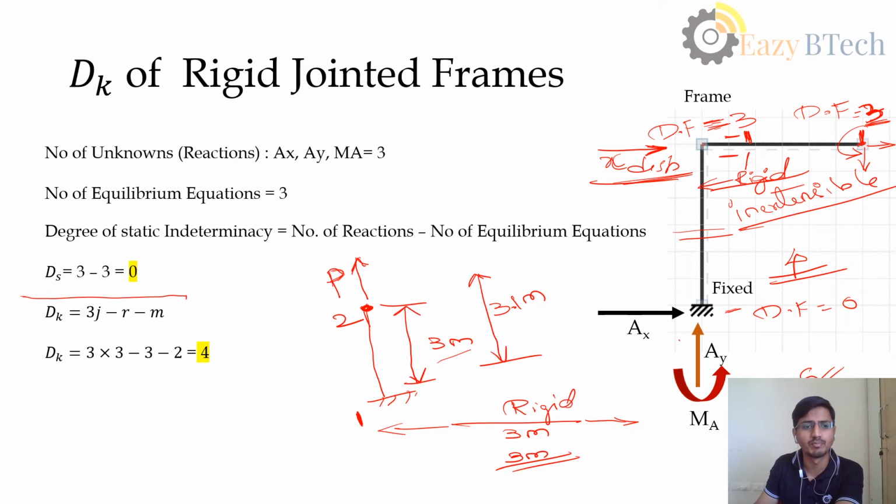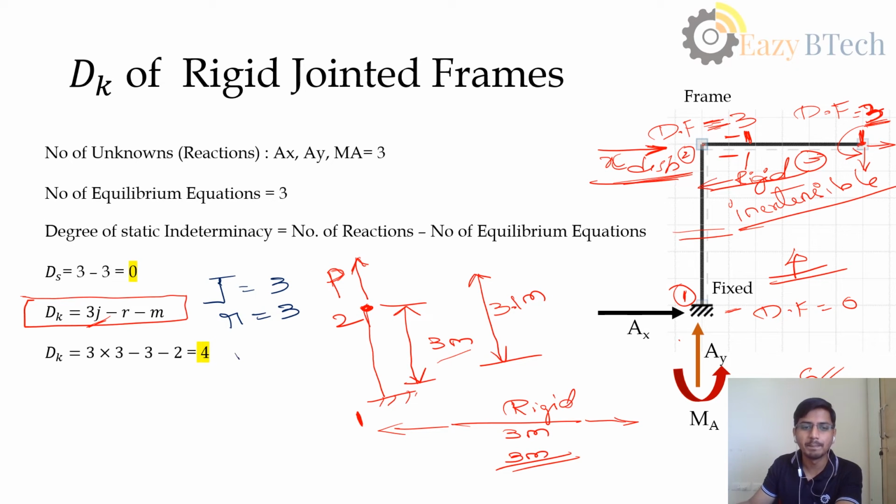So for the frames, this is the formula here. In the formula, if you remember, it is the easiest way to solve this. We know the number of joints: 1, 2, 3. We have 3 joints. How many reactions do we have? 3.